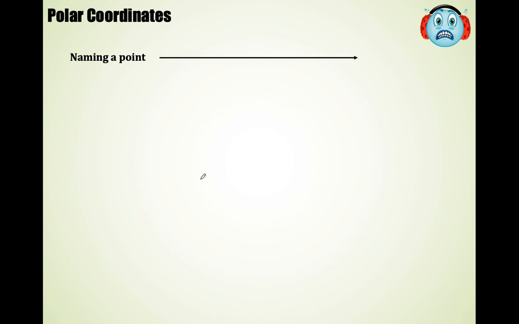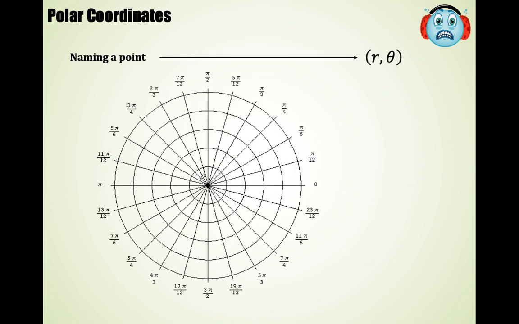So, naming a point. R comma theta. Here's our axes, or our grid, and there is a point on the axes. So we're going to name that point R comma theta. Can you tell which one of those concentric circles it is on? Here's our pole. So this is the radius of 1, radius of 2, radius of 3.